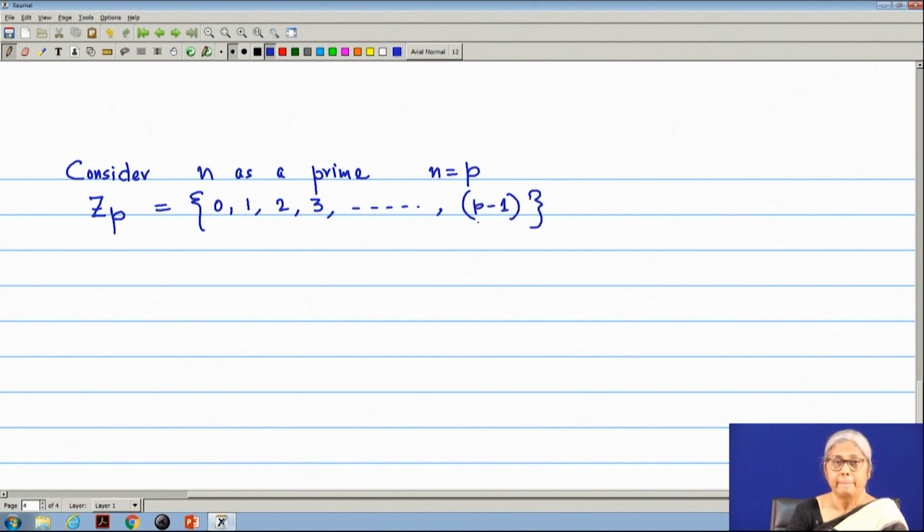Then what is the relation between all these elements and p?